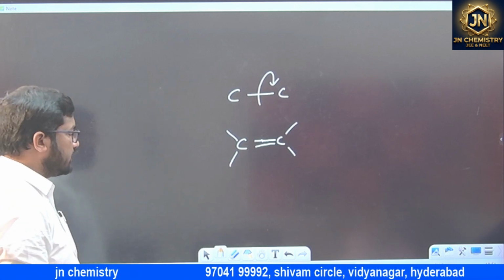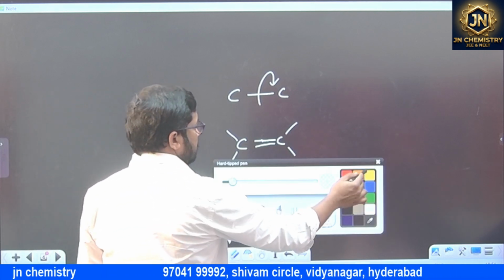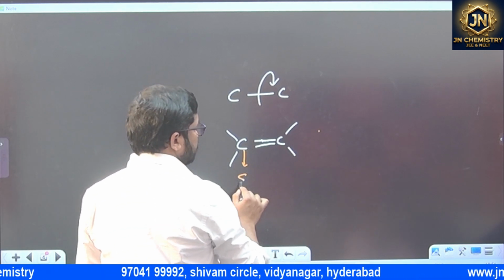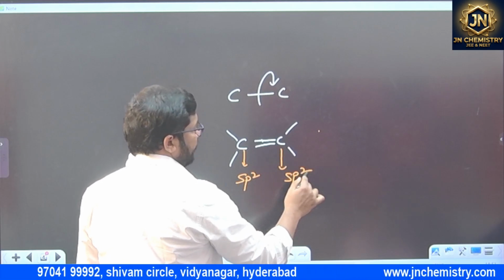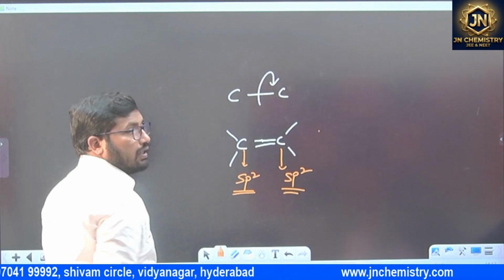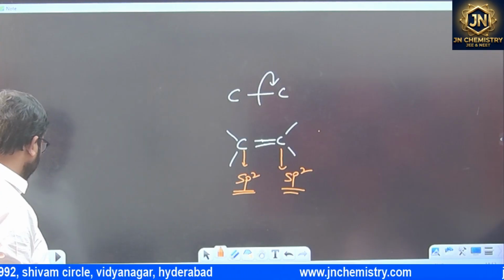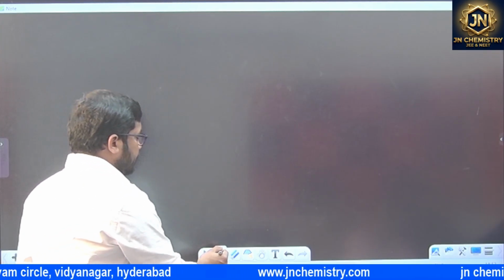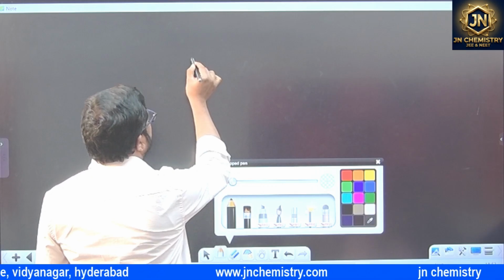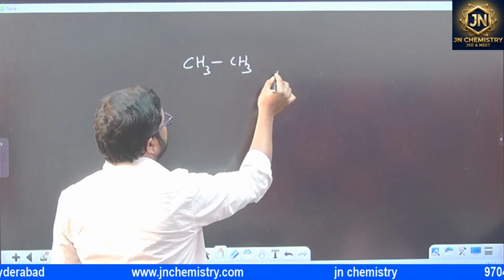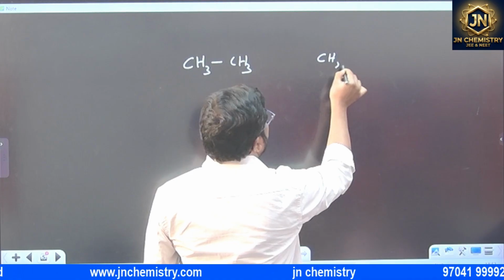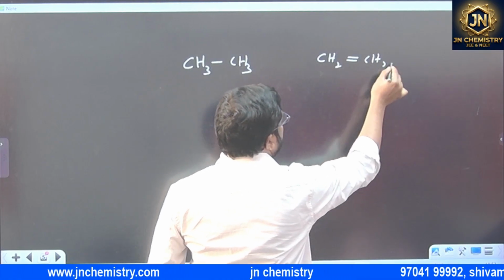So which hybridization is this carbon? sp2. This carbon? sp2. So how many of you know how to write the hybridization? For example, we'll discuss CH3-CH2, double bond CH2.